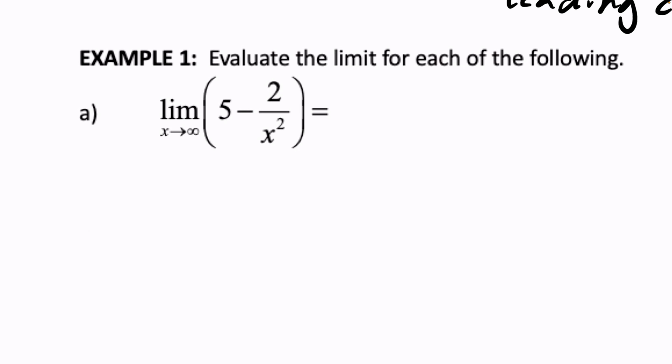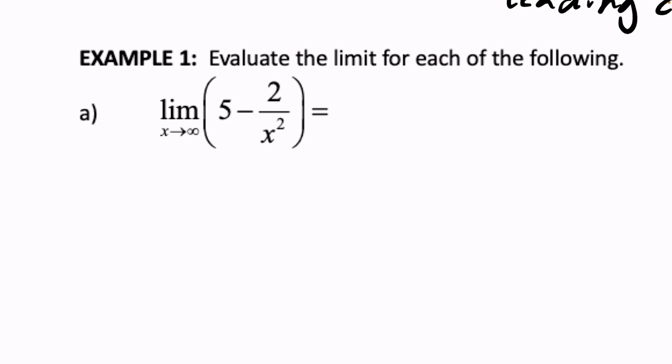We do this because it's approaching positive infinity, so I can't plug in positive infinity. How can I plug in a number that I don't know what it is? I know it's got a lot of zeros, but I don't know what it looks like. So we can't use our old rules by plugging in. That's why we use the table, okay?